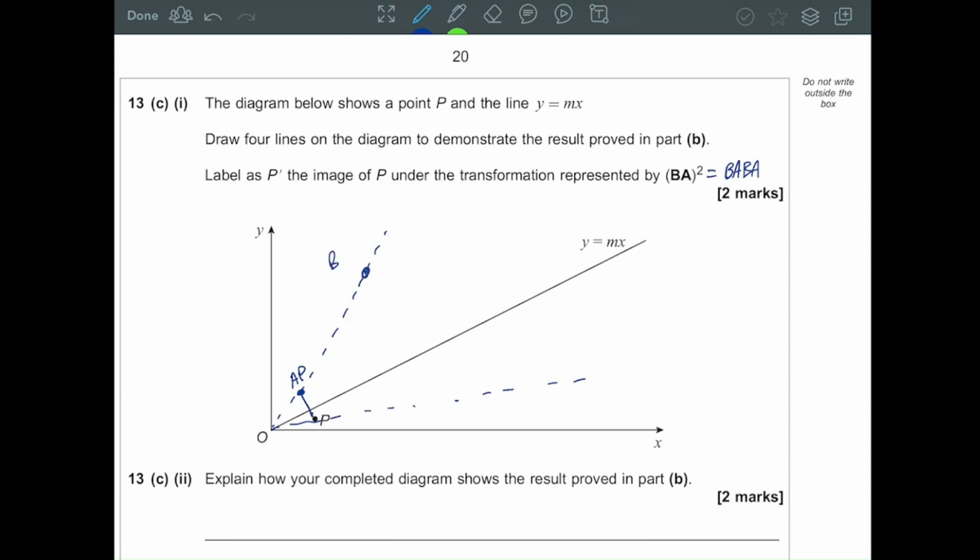BA, well, applying B is a multiply by scale factor 3. Then we're going to reflect back through the line. So that's A, B, A, P. And then we're going to multiply by 3 again, another scale factor of 3 pushing out.